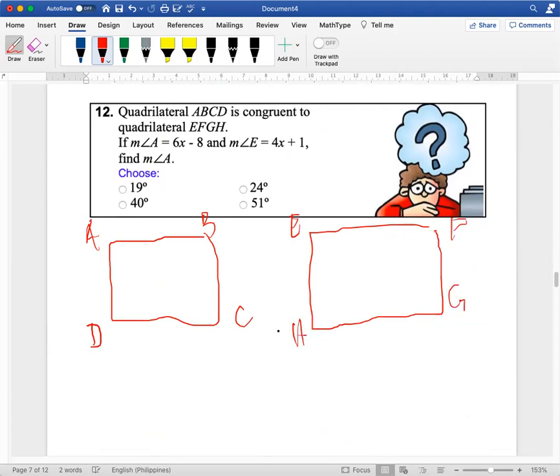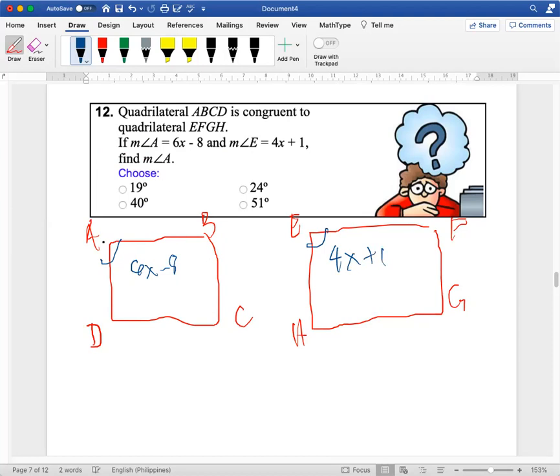Let's check the correspondence: AE, BF, CG, and HD. Now, if the measure of angle A is 6x minus 8, and angle E is 4x plus 1, find the measure of angle A.